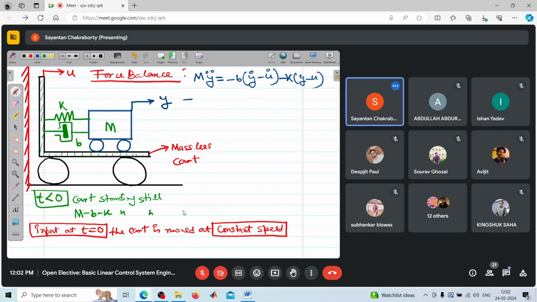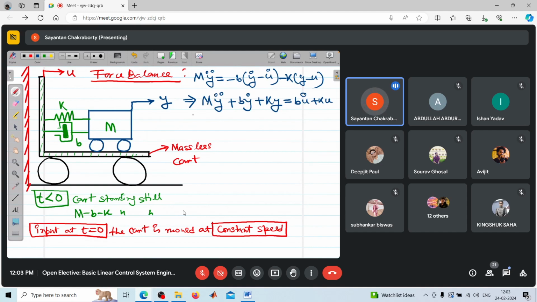So after rearranging, m y double dot plus b y dot plus k y is equal to b u dot plus k u.